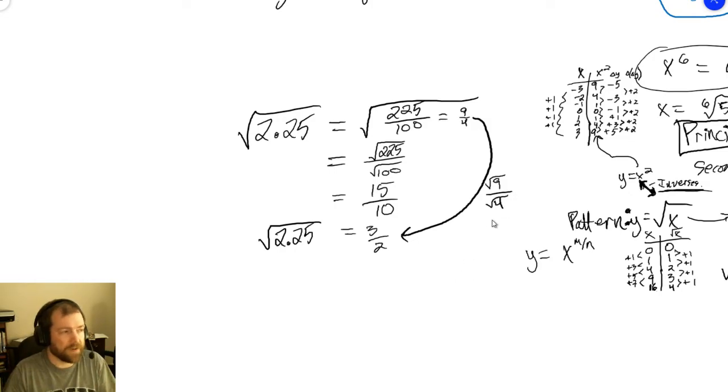It all depends on how you're looking at it. Right, but the second you get a square root of 2 or a square root of 3 in there, you're not going to find it. It's going to have to be an approximation.